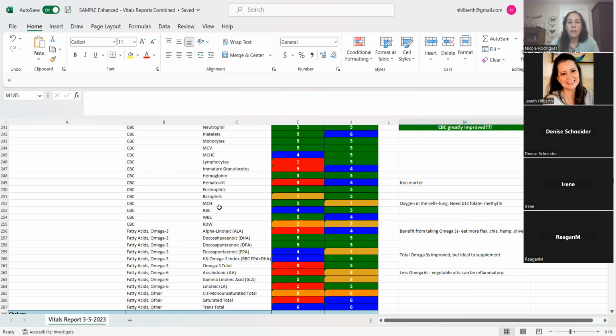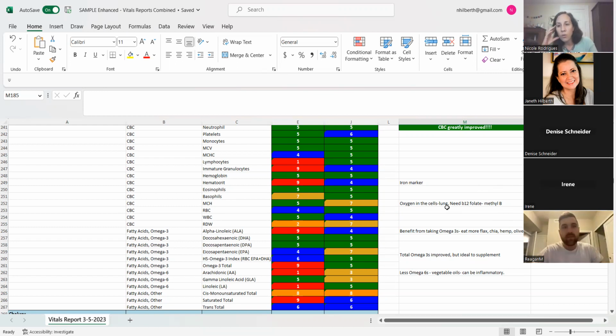MCH over here, I happen to know, is connected to the oxygen in the blood. Methyl B is a big red flag for someone who needs more methyl B vitamins, or who is not methylating well.